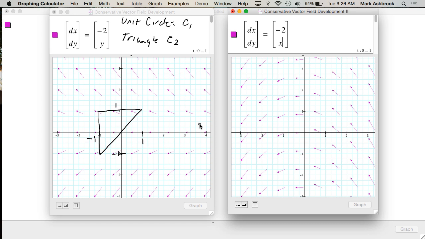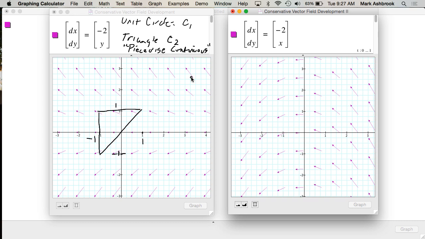Okay, so this is called a piecewise continuous path, meaning it's all one path, but it's made up of pieces where the end of one piece is the start of the next piece, and the end of the next piece is the start of the next piece, and so on. So C2 is a single path that's piecewise continuous. Does that make sense? So you'll need 3 vector functions for that one.